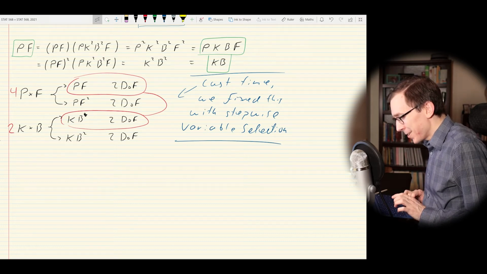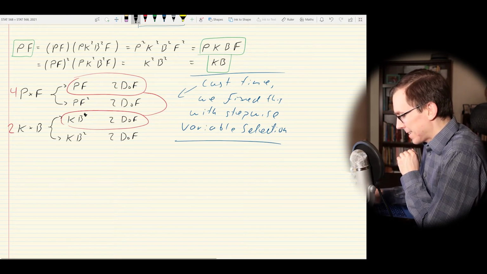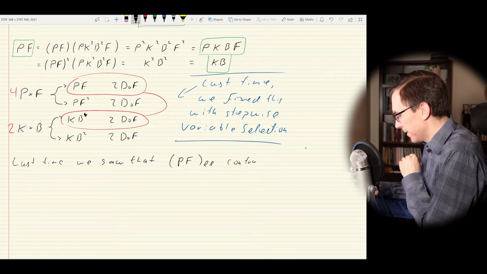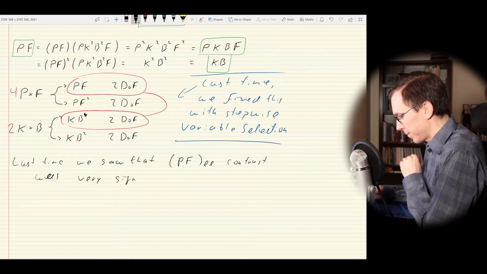All right, so what I wanted to note was that last time we saw that the PF linear contrast was very significant. Remember what we saw last time?